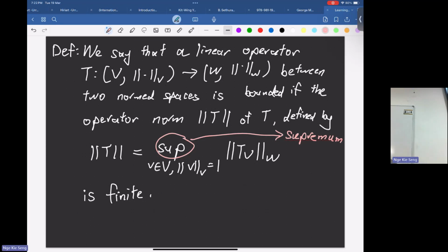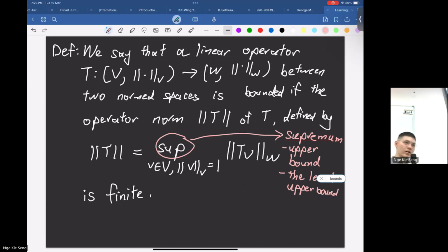So what is supremum here? Supremum is an upper bound, first of all, and it is the least upper bound. It is the smallest among all the upper bounds of the set. You should regard this number here as a set. Let me be a little more precise.